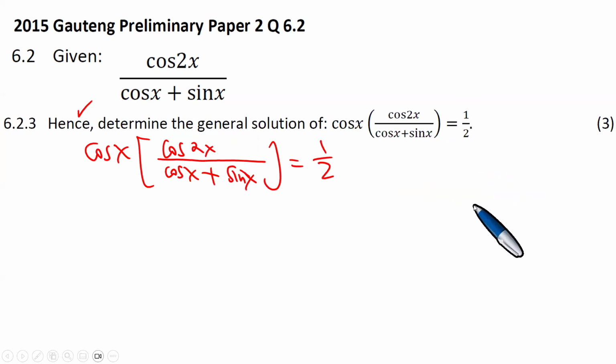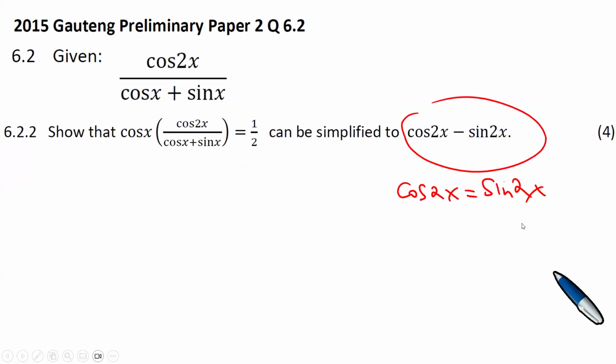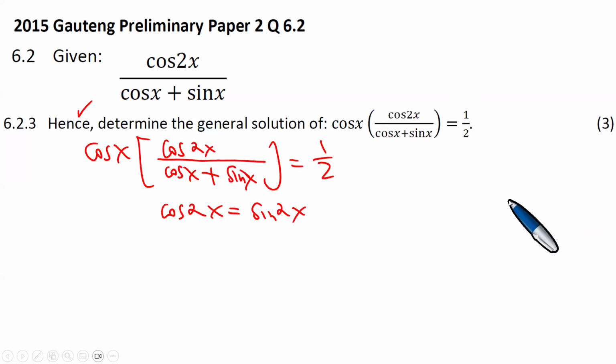So in other words, this one is cosine 2x equals sine 2x, because that is what the students wrote in 2015. So this whole thing that is equal to 1/2 with the cosine outside just simplifies to cosine 2x equals sine 2x. And then what do we do with this?